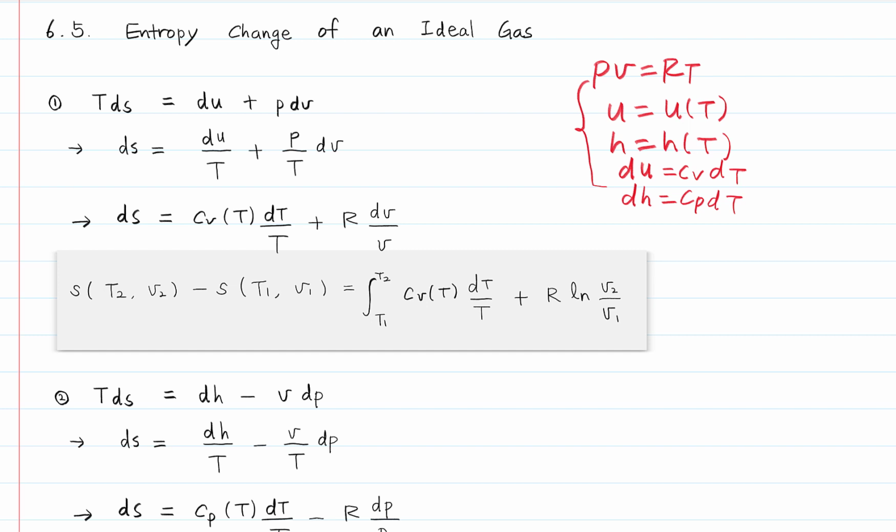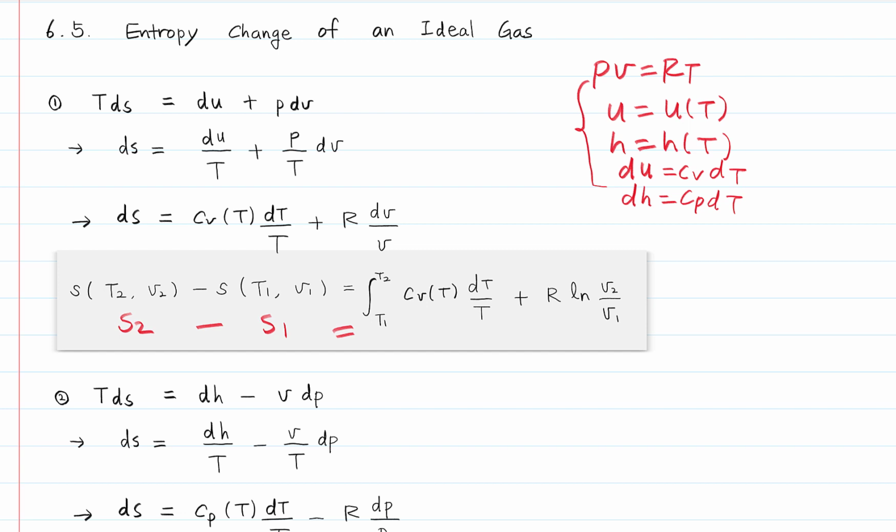Integrate from the initial state 1 to the final state 2 for each of these terms. So what I have is the entropy at the final state with temperature T2 and specific volume V2, or simply put, S2 minus S1, equals the integral from T1 to T2 of Cv dT over T. R is a constant, so we can take R out of the integral.